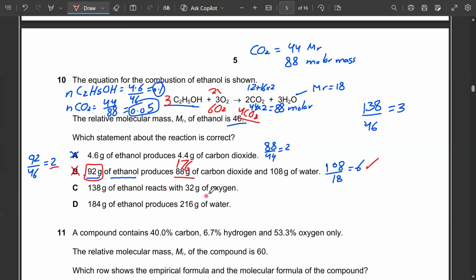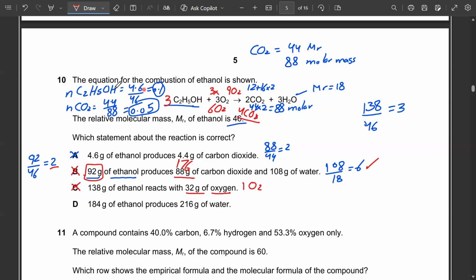Comparing with oxygen, the oxygen should also be three times 3. 3 is already there, so 3 times 3 will give me 9 moles of O2. But here you can see 32 gram is not equivalent to 9 moles of O2. Instead, it's just the mass of 1 mole of O2. For just 1 mole of O2, the mass is equal to 32 grams. So that's also incorrect.